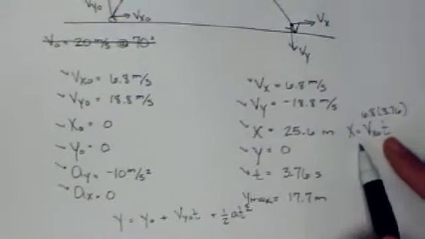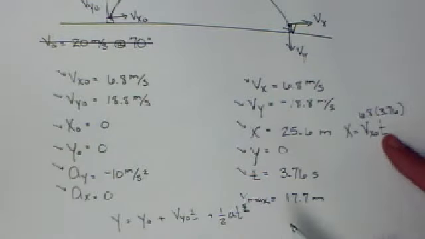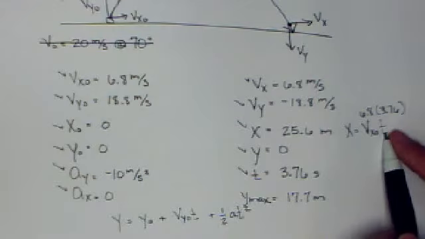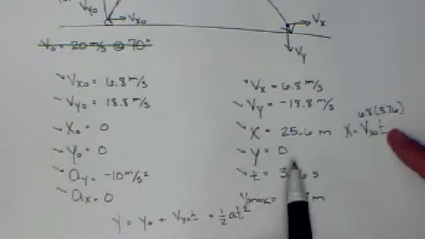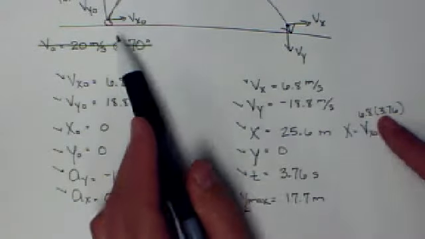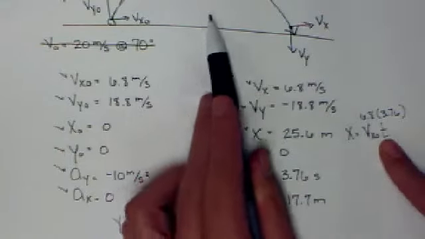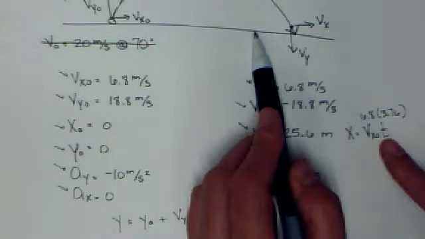Exactly the same with horizontal position too. If I said how far has it moved in 0.5 seconds, I could plug in 0.5 here and I could tell you how far over it has gone in 0.5 seconds. If I want to know how far over it has gone in 3 seconds, I could plug in 3 here and that'll tell me where it's at horizontally at about 3 seconds.